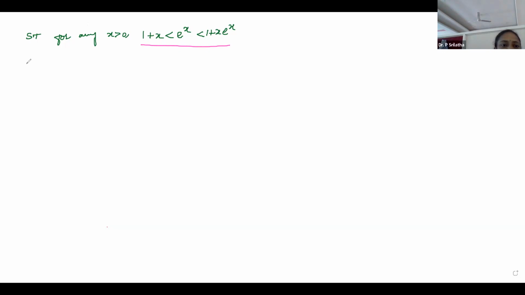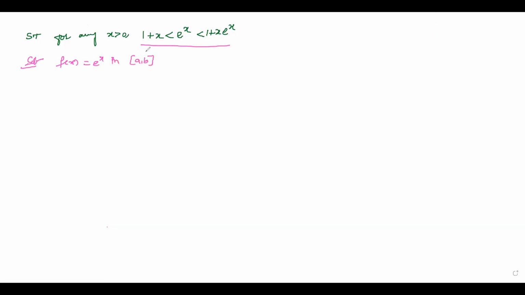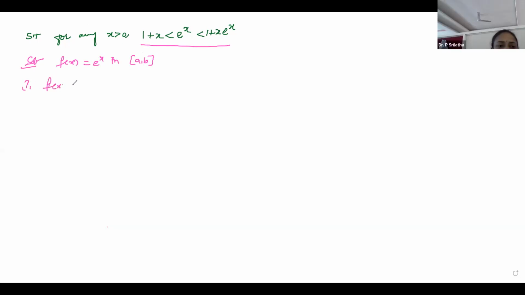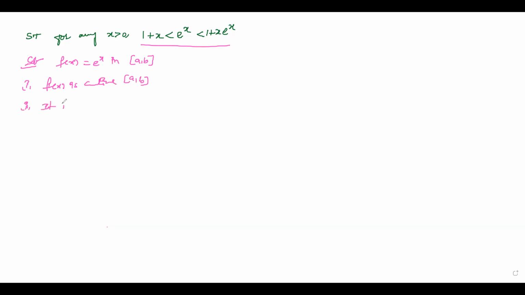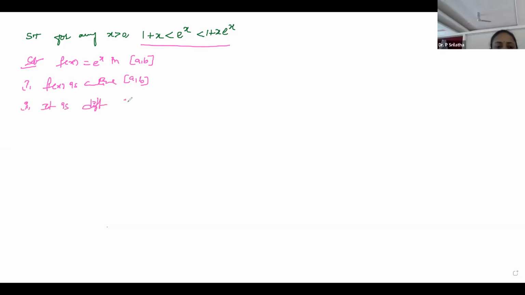So here, what is our function? f of x equal to e power x, isn't it? In the closed interval, first we have to write the interval a comma b. It is continuous, means f of x is continuous in the closed interval a comma b, and it is differentiable, means f of x is differentiable in the open interval a comma b, right?